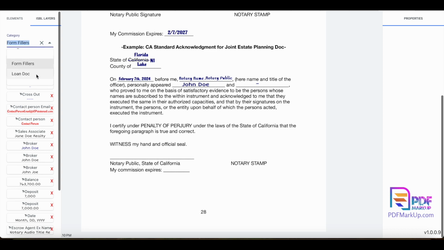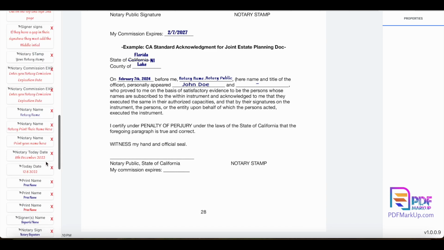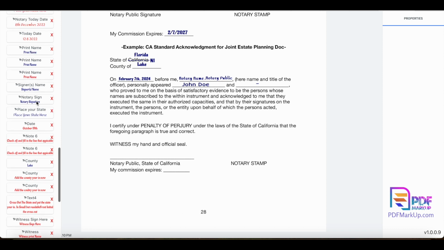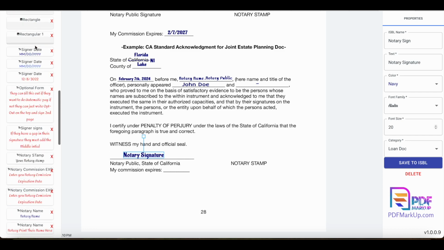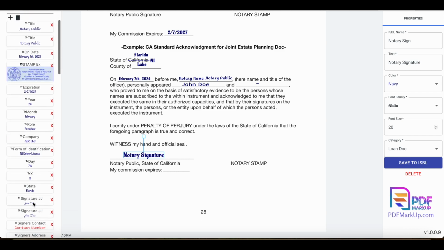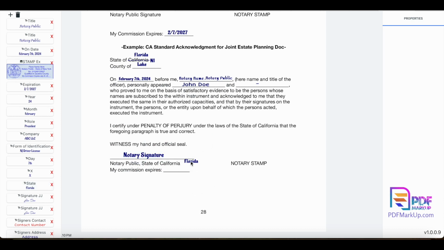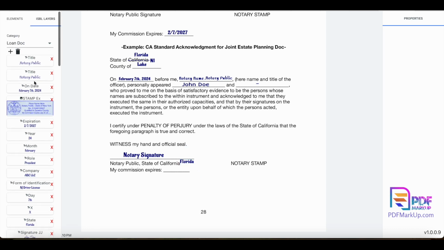So let's just say we are, well, we're going to stick to what we had there before. So let's just put the notary signature. We are in Florida, so we're going to put Florida here. Okay, we're going to initial.